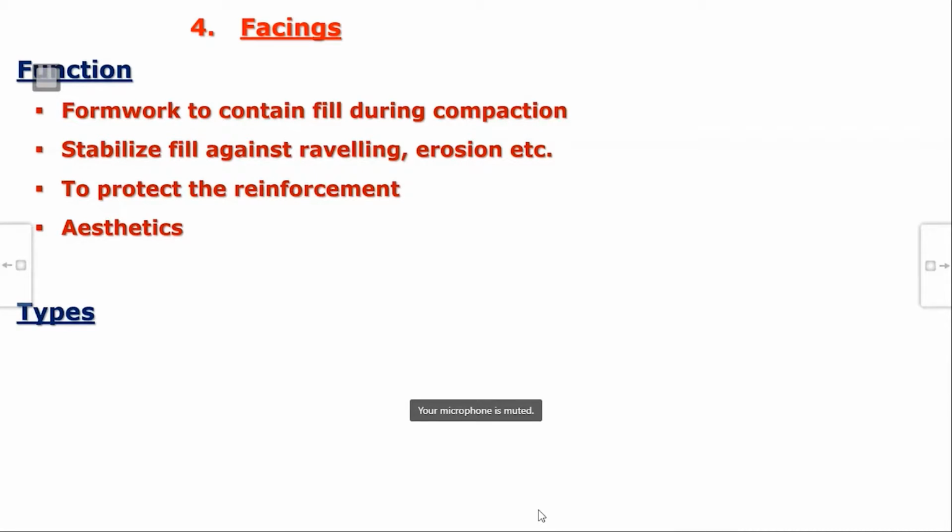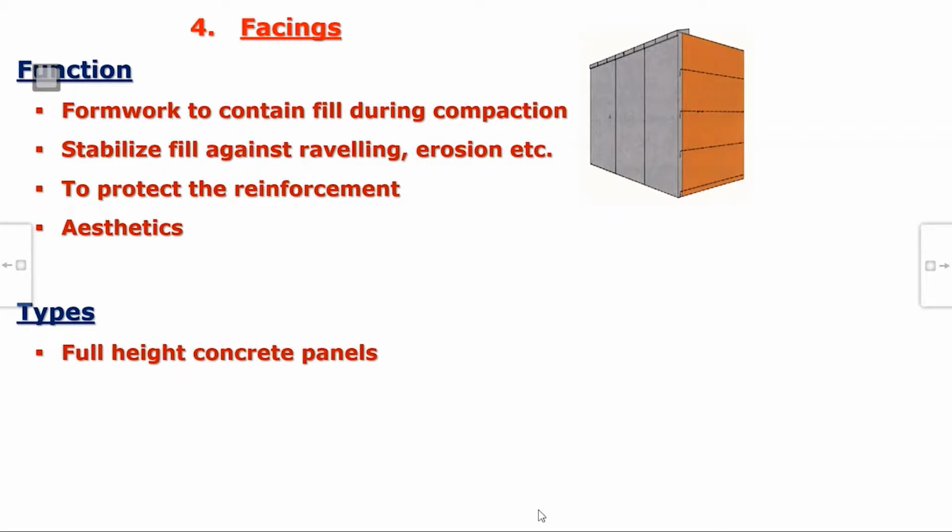And there are various types of fascias. First, which were initially used, were full height concrete panels. Some places it is used even now, you will see. There, whatever your height, 5 meter, 8 meter, 9 meter, 10 meter, full height concrete panel, 1 panel, 2 panels like that you will put, and then you will do the work.